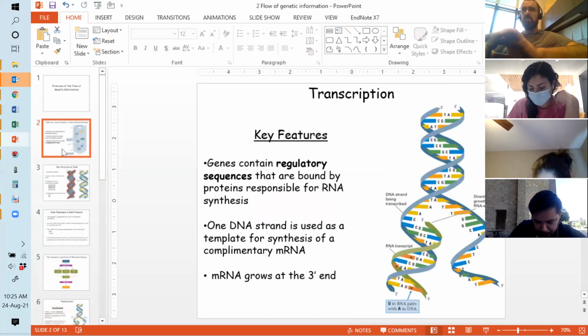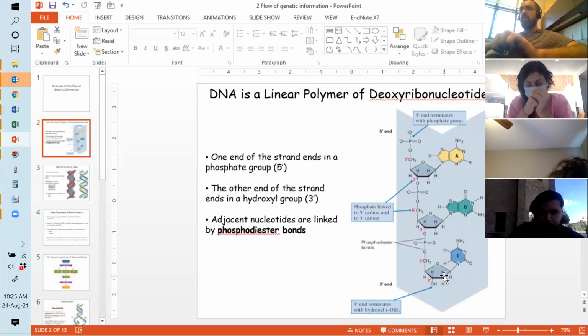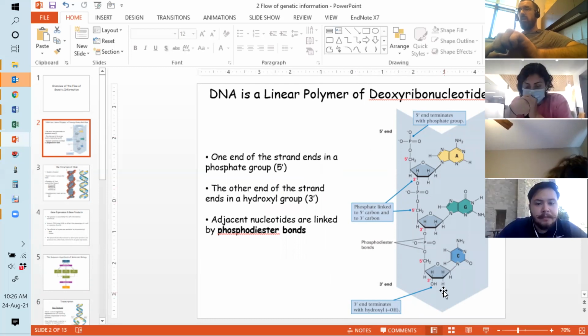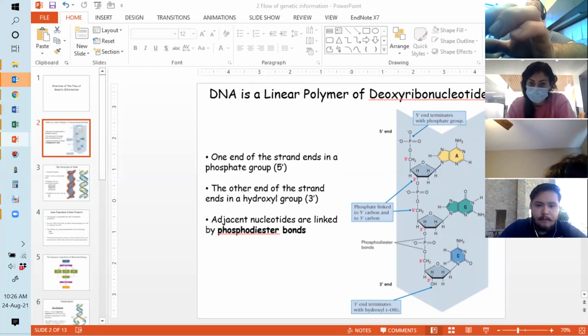Also, another key point, which I think we cover later as well. So this is a DNA molecule. If this were RNA, instead of an H here on the second prime carbon, you would have an OH. That's also called a hydroxyl group.